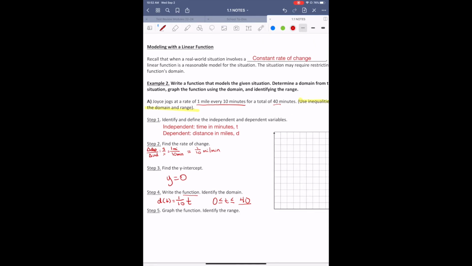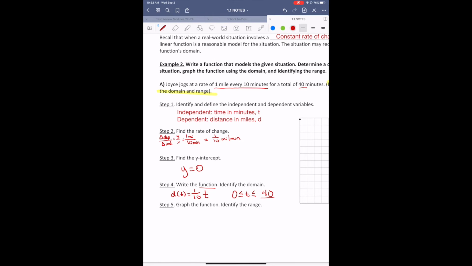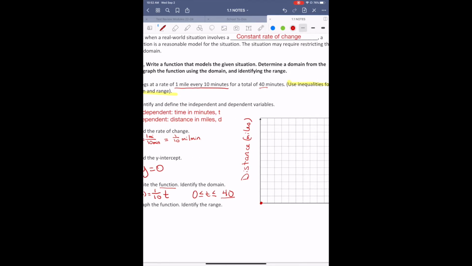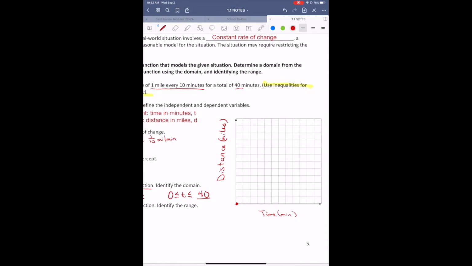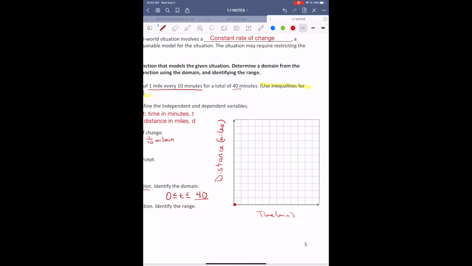All right, so let's go ahead and graph the function. Now, we know we're starting at 0, 0, right? Time is 0 and distance is 0. So I'm going to label my axis, distance in miles, and time in minutes. Okay, and let's just go by tens. Actually, let's go by fives.